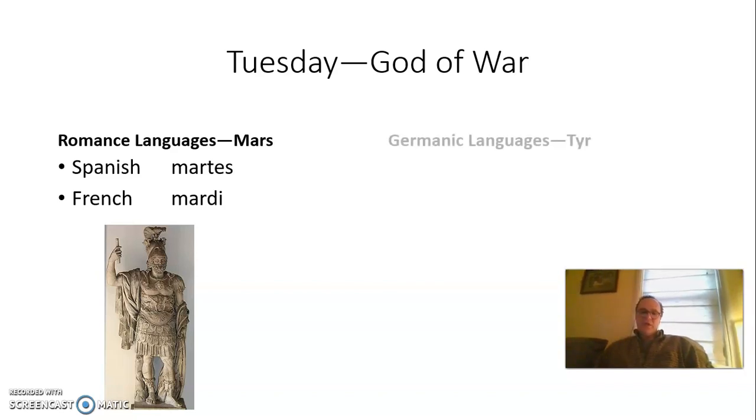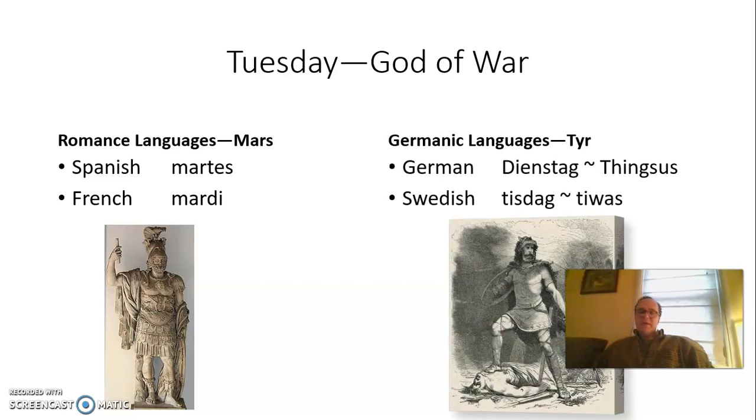In German, it's a little bit more complicated in the etymology, but the Germanic god of war was Tyr, and the words in German and Swedish, but also in English, are derivations that are a little bit more complicated and a little bit less clear, but Tyr had a number of different variations of his name. Thinxus, Tivus, Kyus were different spellings and variations, all of which then found their way at some point to the word for Tuesday, Dienstag in German, Tisdag in Swedish.